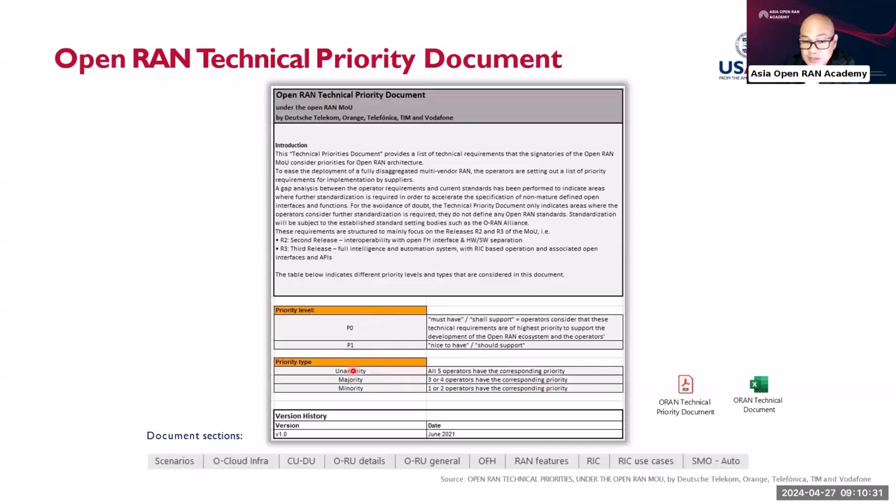So unanimity means all 5 operators have the corresponding priority. So ibig sabihin, lahat sila nag-agree that this is priority 0. And majority, 3 or 4 operators have the corresponding priority. And then minority would be 1 or 2 operators. Okay? So let's see, no, kung ano yung mga technical priorities na yan.